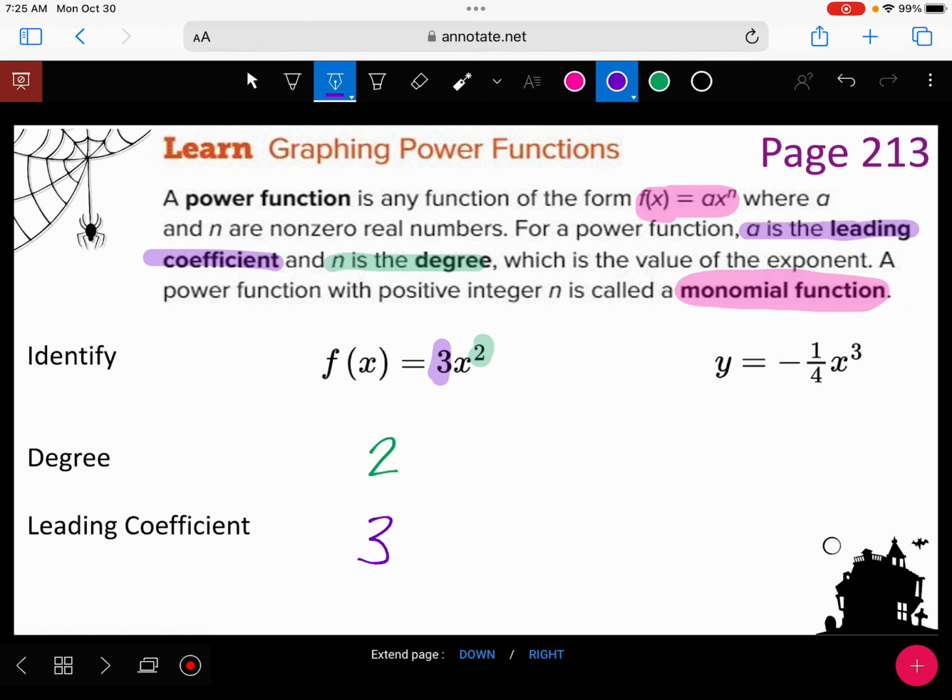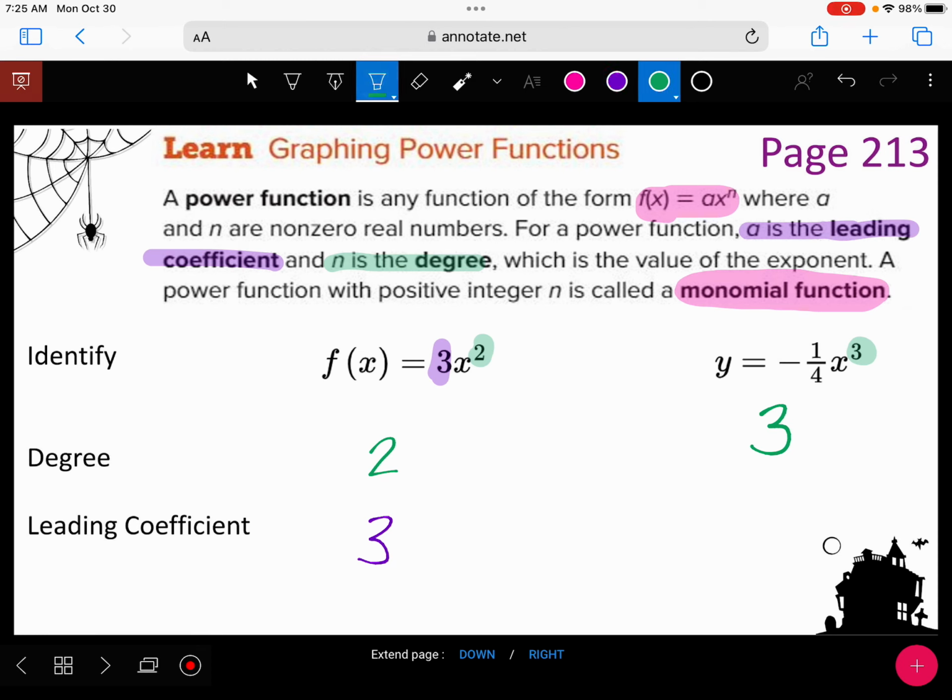We're going to be using these to help us write out our end behavior, so it is important that we can find our degree and our leading coefficient. So on the one with the y over here, what is our degree? 3. It's the exponent. What is our leading coefficient?